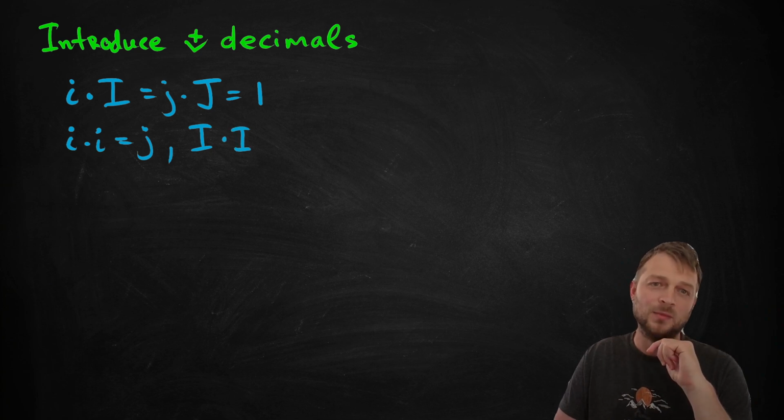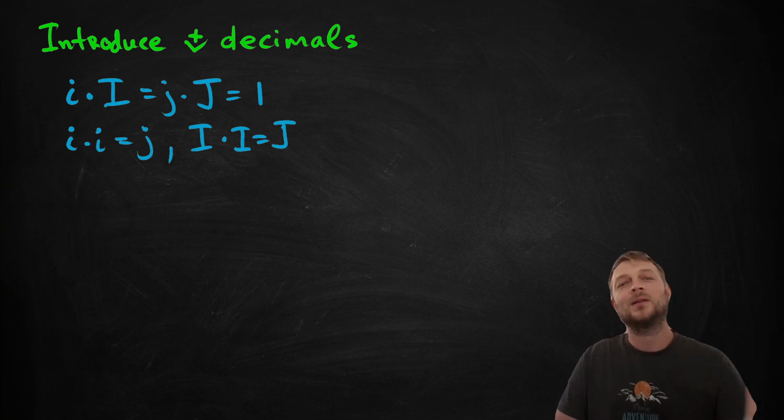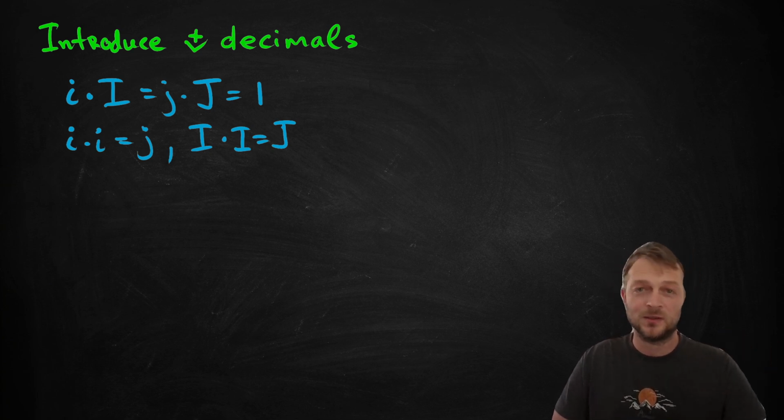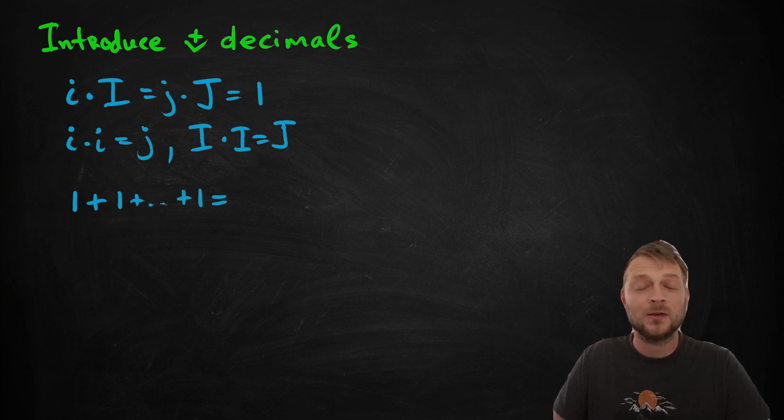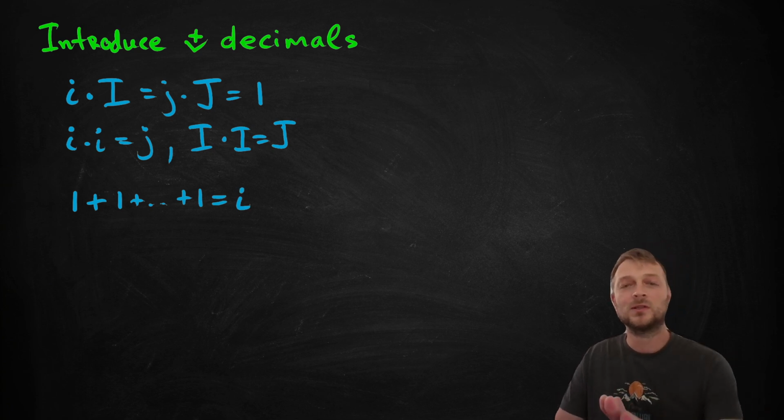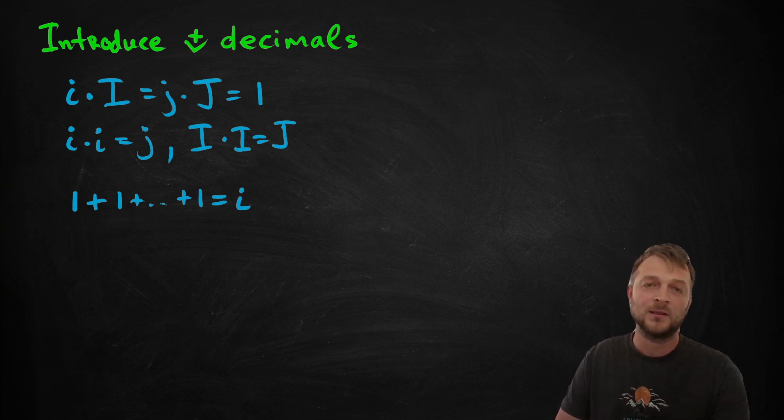I multiplied by I will equal j. But what happened with addition is that we had 1 plus 1 plus, 10 times, and we agreed that this will be equal to I. So I is the position on the left of ones.